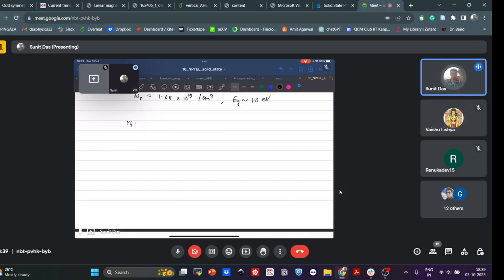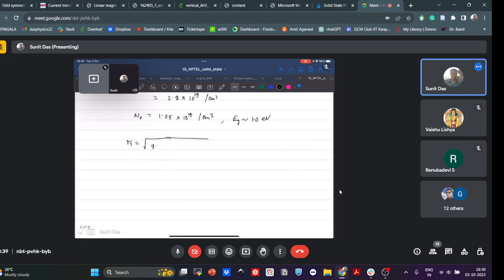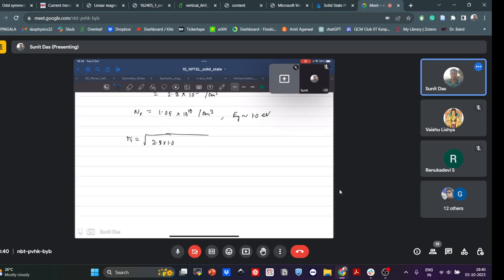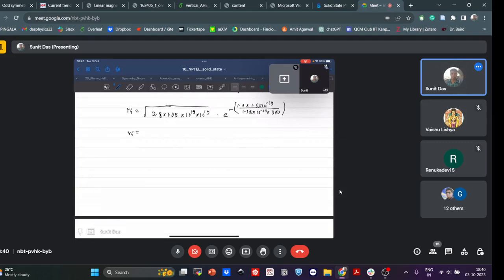So if we put all this information in, 2.8 into 1.05 root, e to the power minus 1.0 into 1.6 into 10 to the power minus 19 by 2 kBT, this will come out to be 10 to the power 10 per centimeter cube. This is the intrinsic concentration.